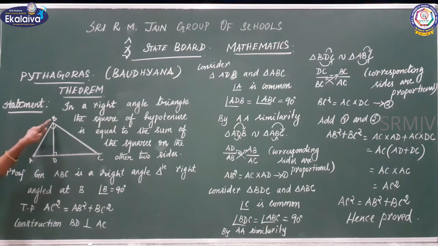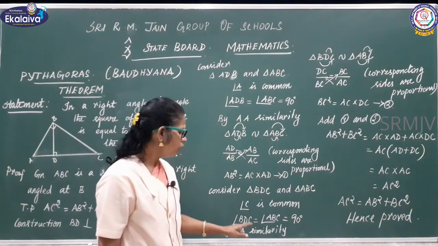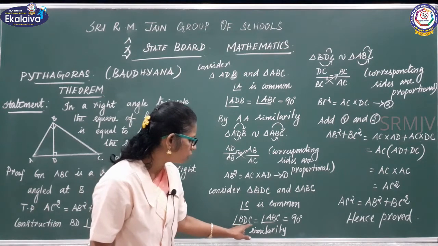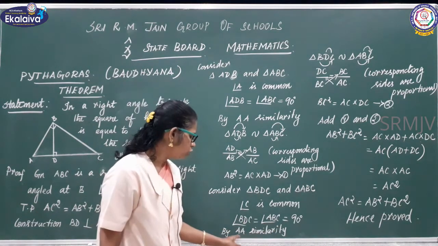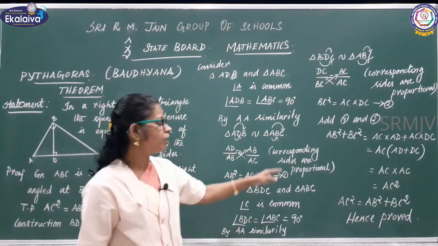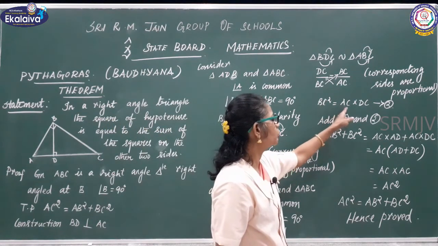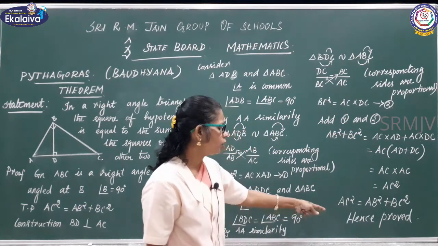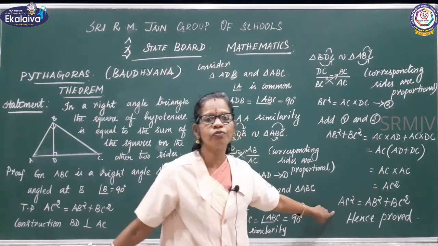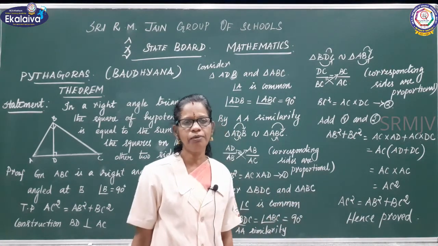Next triangle BDC and ABC. Here angle C is common, angle BDC equal to angle ABC equal to 90 degree. That's why using AA similarity, we got BC square equal to AC into DC. When you add these two equations, we arrive at the result we wanted to prove. Got it, children?